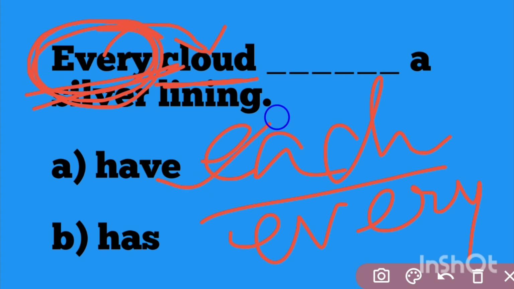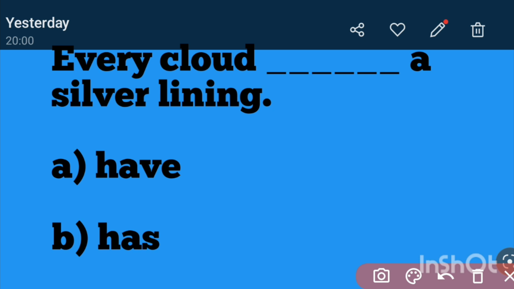If you see each or every this type of word anywhere, obviously it is singular in nature. We have to use the singular verb here. So the answer will be every cloud has a silver lining. Friends, I think you can understand the logic, you can understand the meaning.